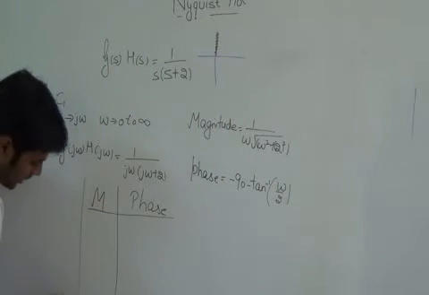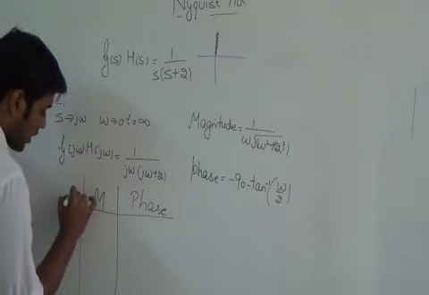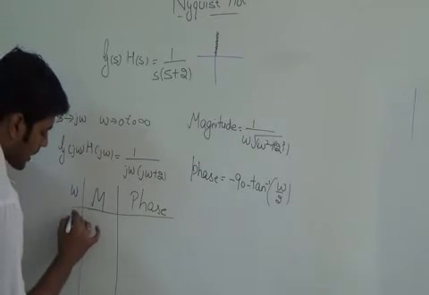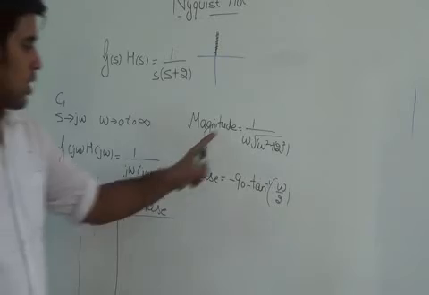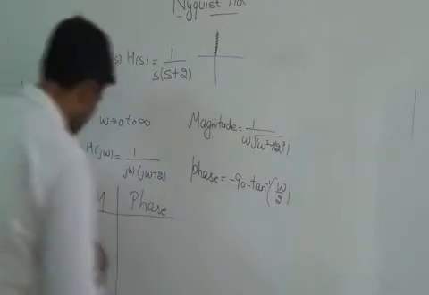Its magnitude and phase for different values of omega. Omega 0. 1 by 0, for omega equal to 0.